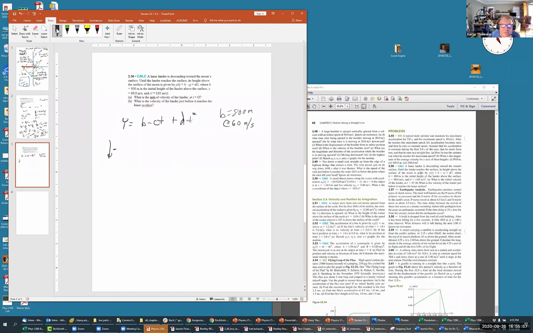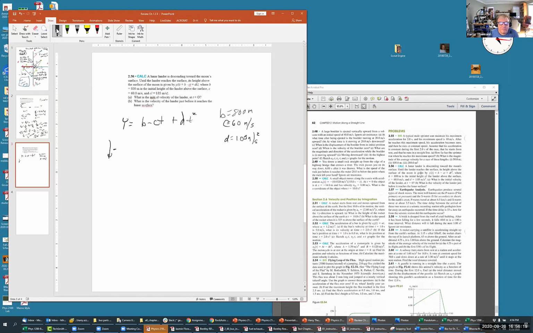And D equals 1.05 meters per second squared, and that is the rocket thruster.